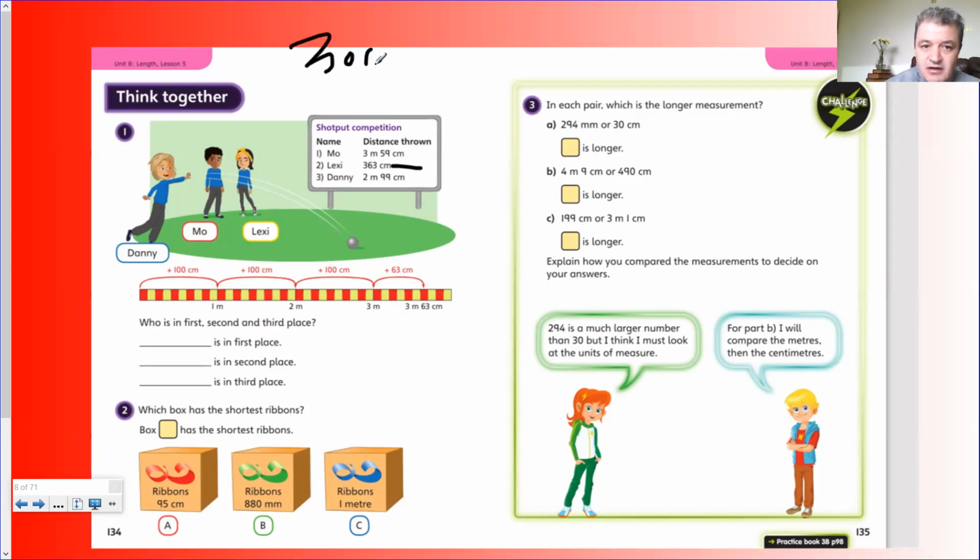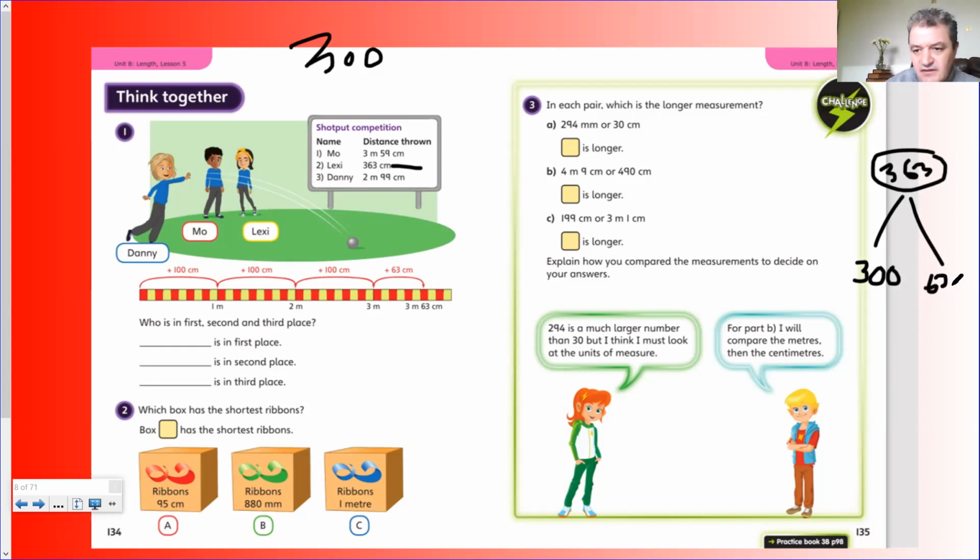We could have done a part whole here. 363. I'll rub this out before it comes to the next one. 363 is made up of 300 centimeters and 63 centimeters.